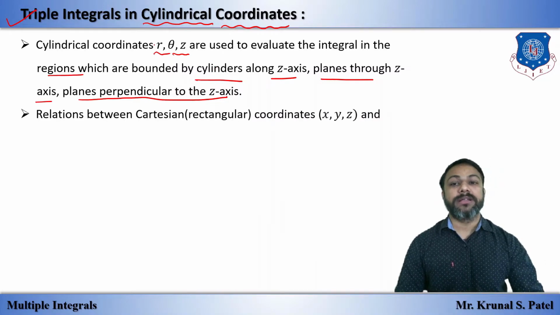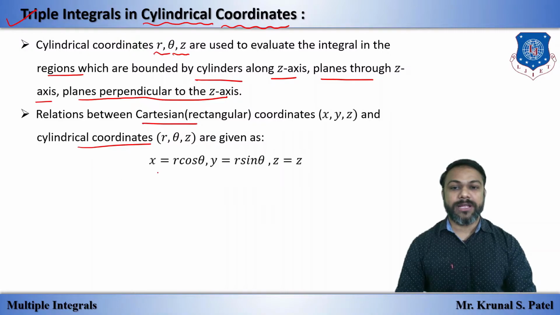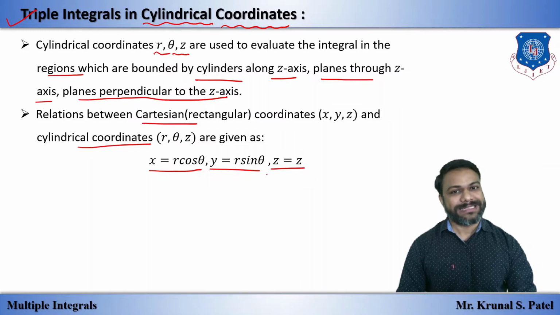And to convert the Cartesian into cylindrical coordinates, we have this transformation: x is equal to r cos theta, y is equal to r sin theta, and z is equal to z itself.